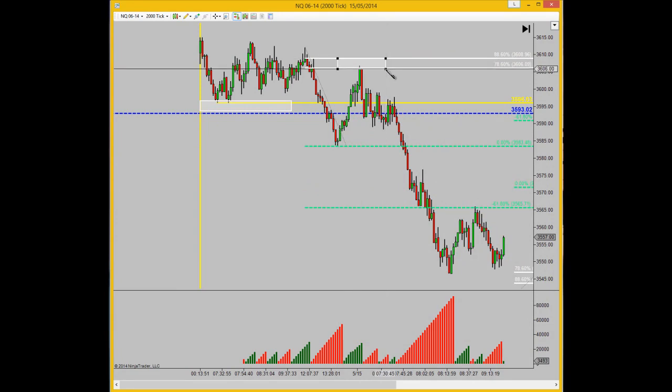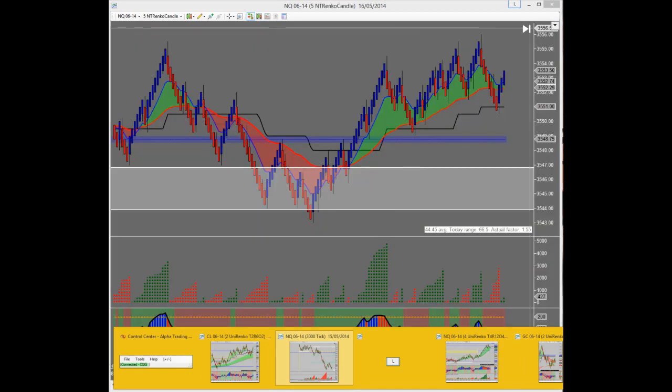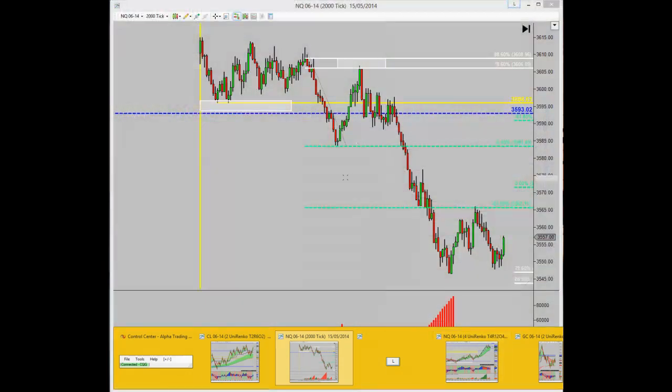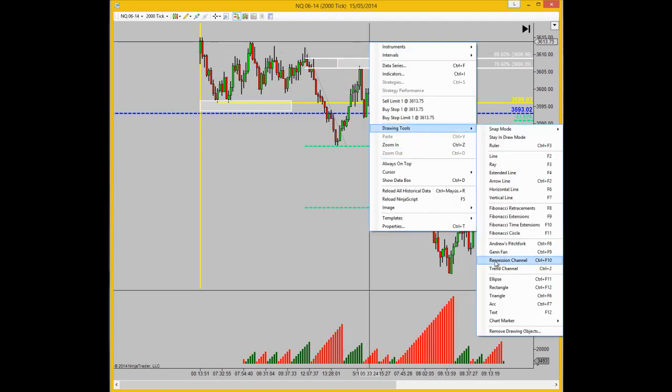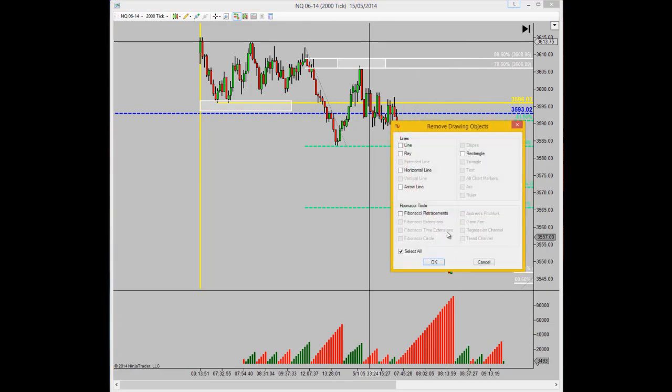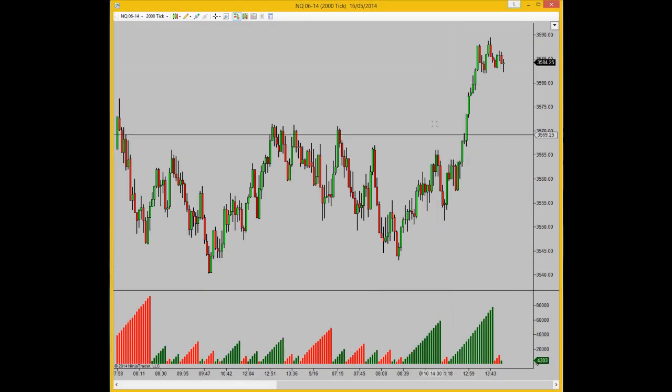Then you mark your zone, and then you go to your 2000 Unirenko chart to find the retracement and the entry point there. Okay, I hope this can help some people here, and if you have any questions, please let me know there in the forum, and I will write a little bit more about this.